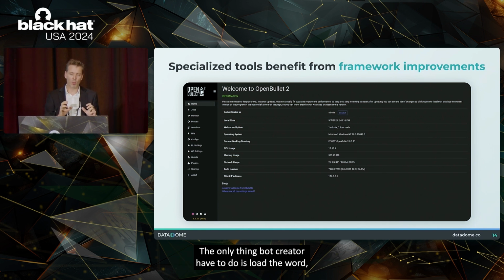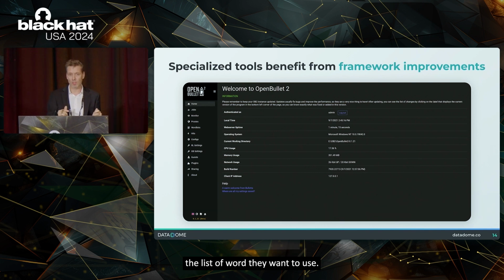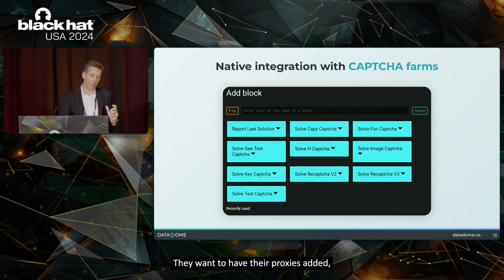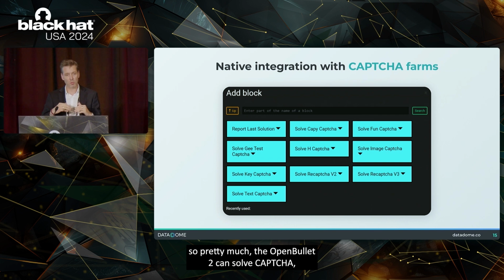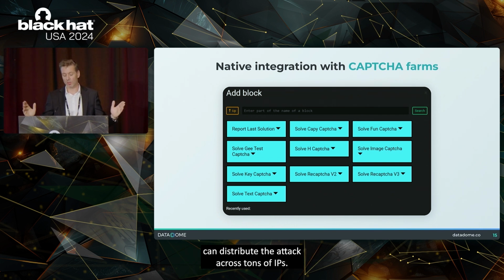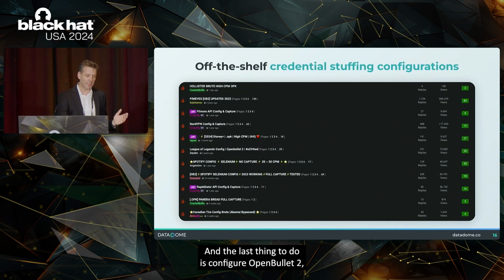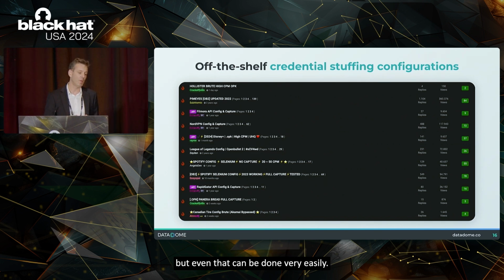The only thing bot creators have to do is load the list of words they want to use, and add their proxies as well as their CAPTCHA farm ID. OpenBullet 2 can solve CAPTCHAs and distribute the attack across tons of IPs. The last thing to do is configure OpenBullet 2, but even that can be done very easily.